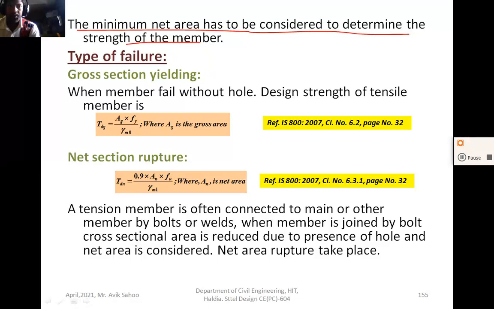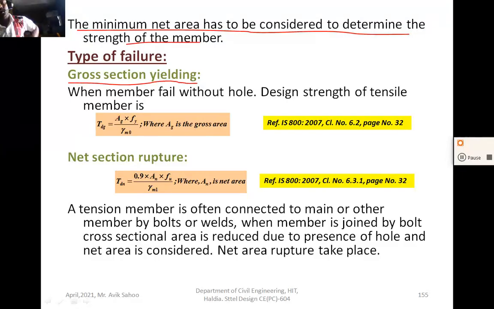Next, I am going to discuss the different types of failure that occur due to tensile load, and using the failure criteria we find the tensile capacity of the member. The failure may occur due to cross section yielding.